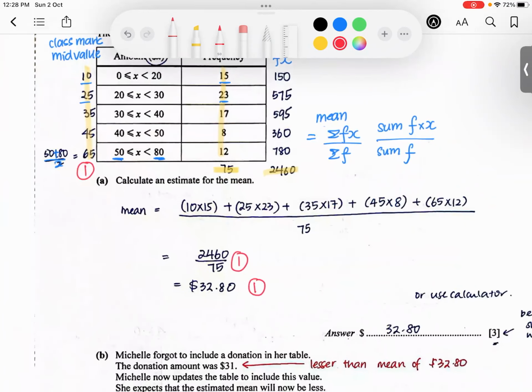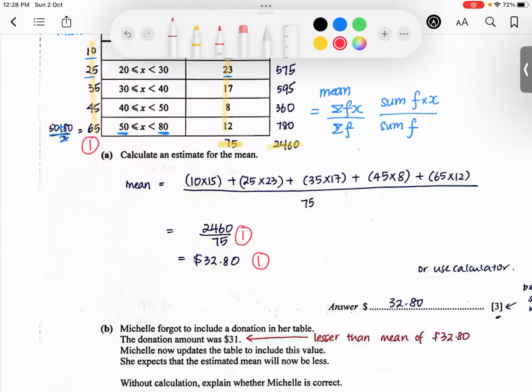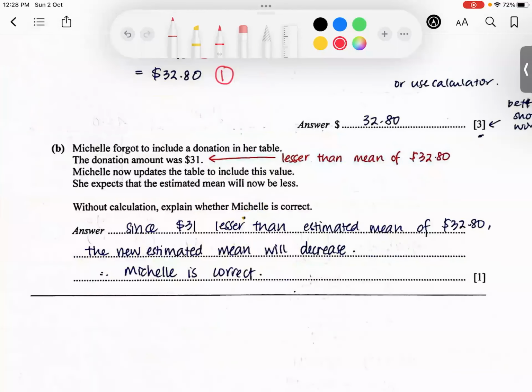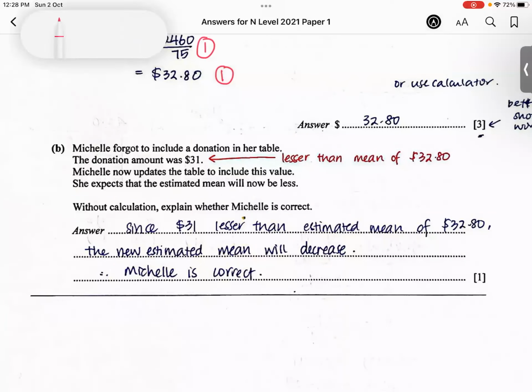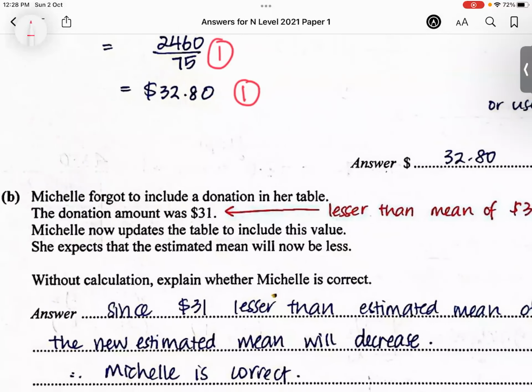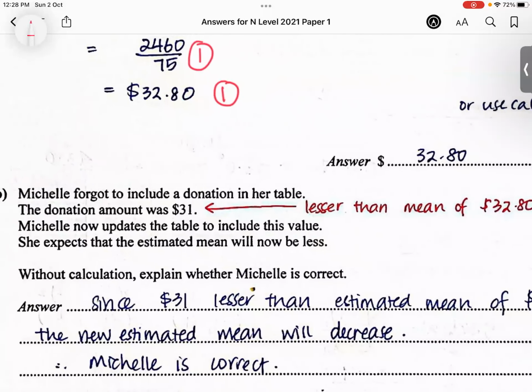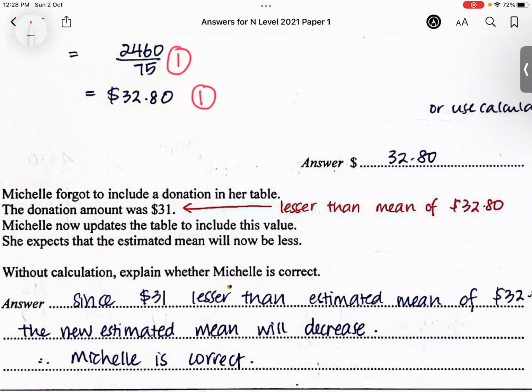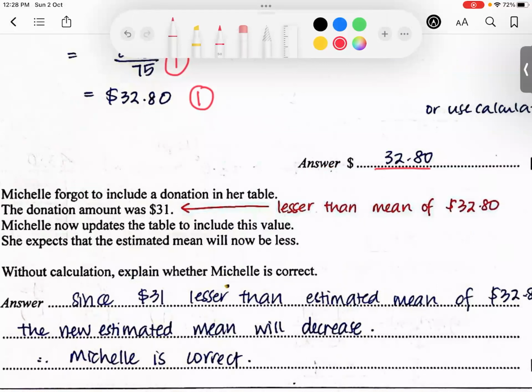Next part of the question, there are many types of extension to this kind of question. A person forgot to include one more donation and the amount is $31, and she wants to update this amount. You notice that this $31 is lesser than our mean. So if it's lesser than the mean, this number will decrease the value of the mean.